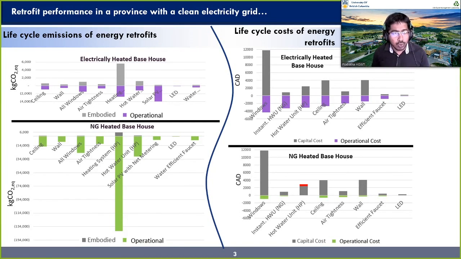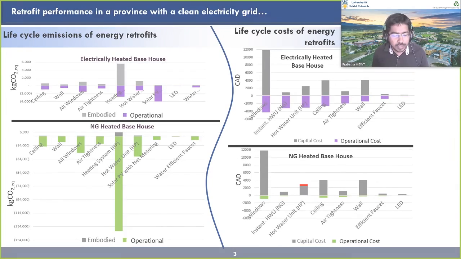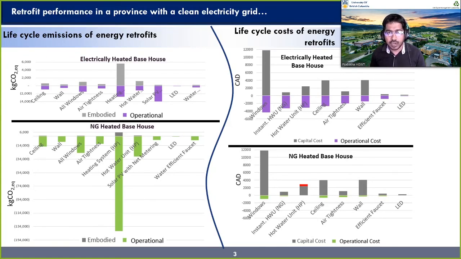And also, it is important to note that the embodied emissions become significant when deciding on retrofits for an electrically heated house. This is mainly due to the low emission factor of the electricity grid of the province of British Columbia.